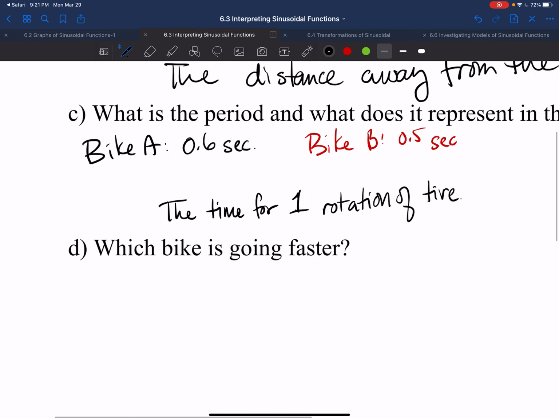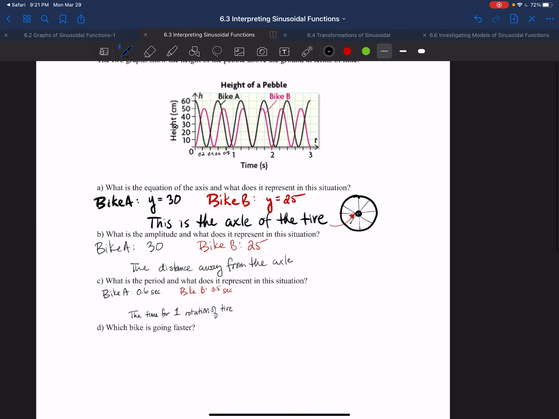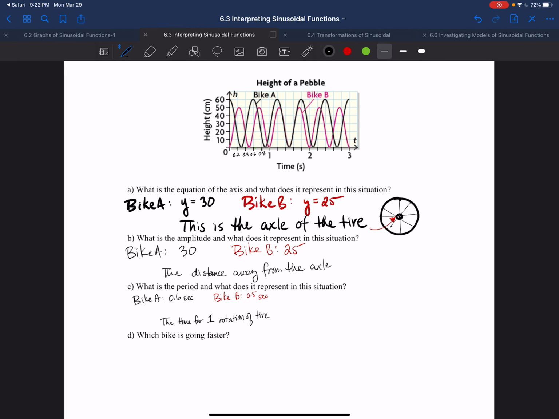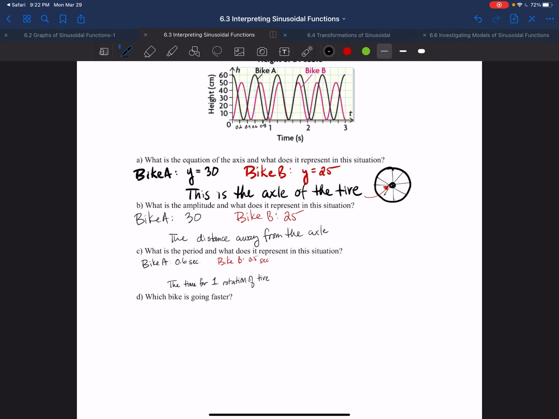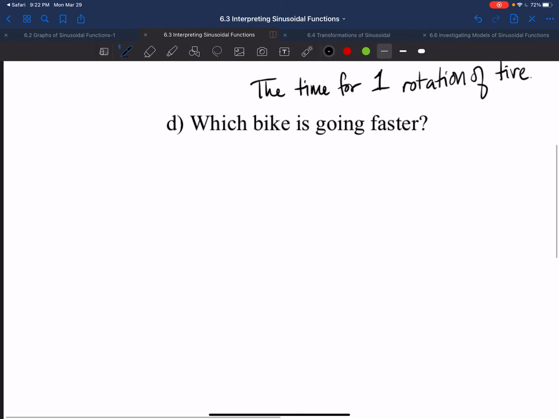Which bike is going faster? Okay, so we need to figure out the distance over the time. So we have the time, but we don't know the distance. So the distance that the bike is traveling is the same as the circumference of the bike. Sorry, not the bike, but of the tire.